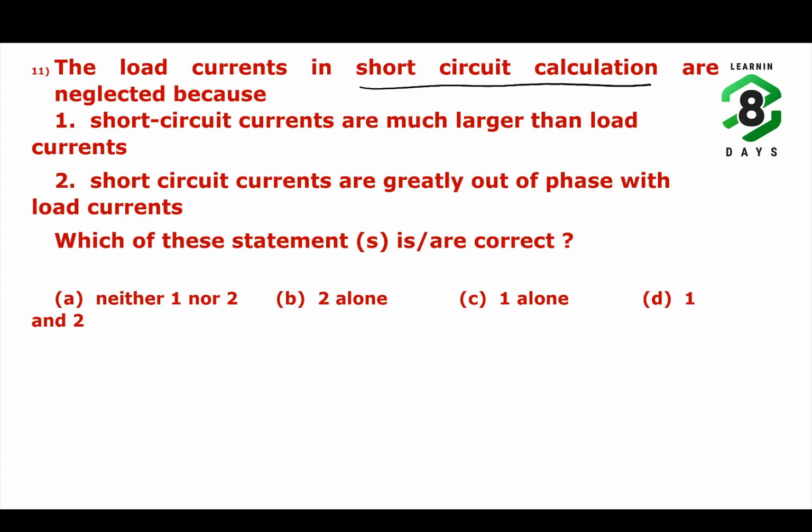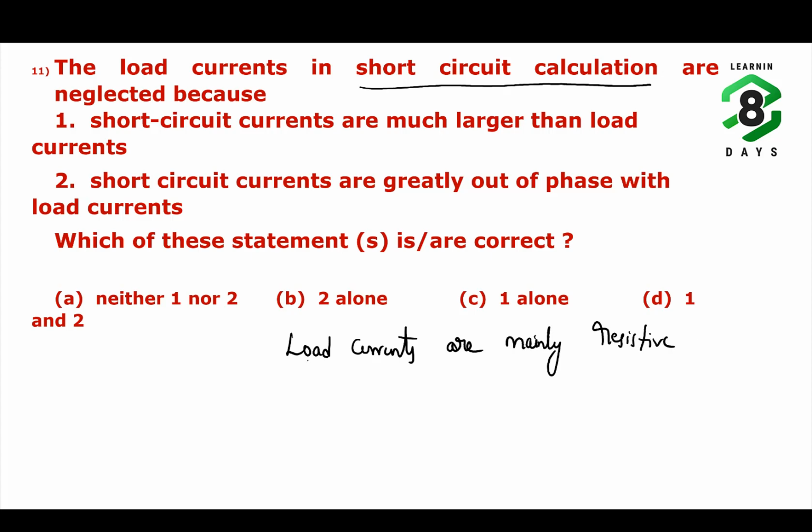Load currents are mainly resistive because the normal operating power factors of the power system will be in the range of 0.8 to 0.9. So load currents are mainly resistive in nature.